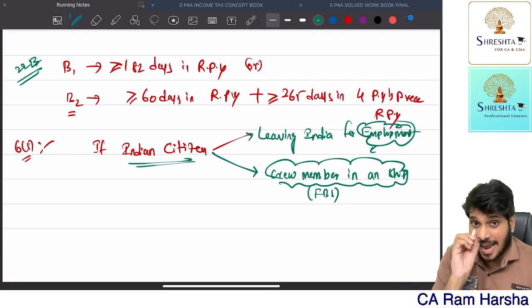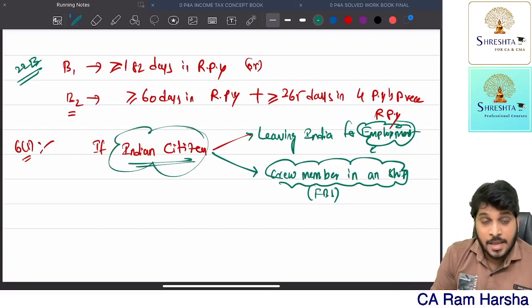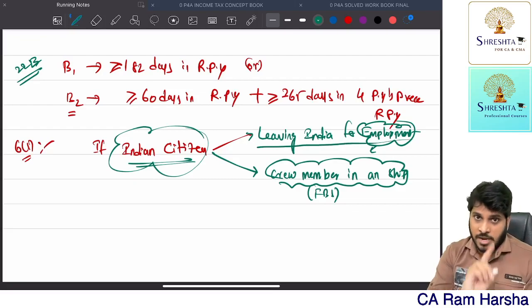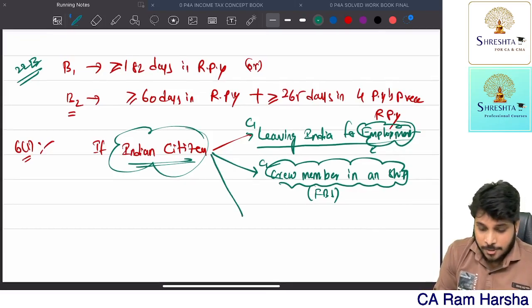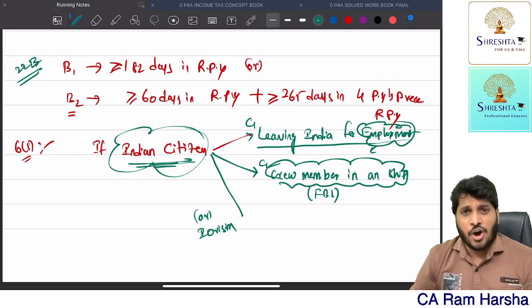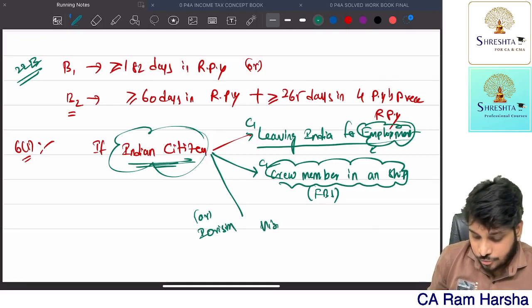If an individual is an Indian citizen leaving India for employment, that is case number 1. Case number 2, he is an Indian citizen working as a crew member in a particular ship. Case number 3, suppose the person is an Indian citizen or a person of Indian origin visiting India.